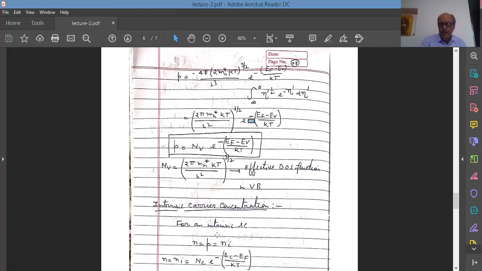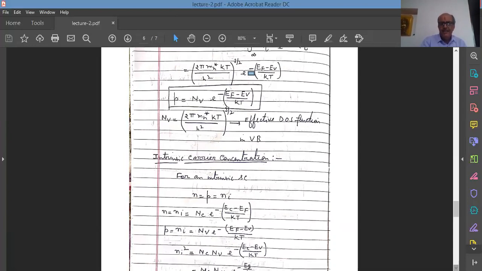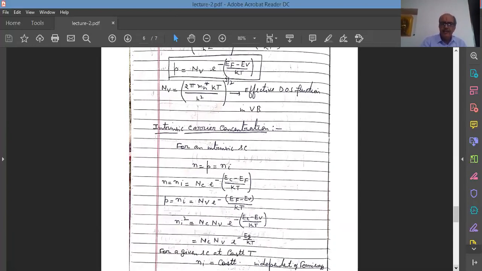Now we come back to the intrinsic semiconductor once again. We have discussed in the last lecture that in intrinsic semiconductor, the number of electrons are equal to the number of holes, because these are thermally generated carriers. These are electron hole pairs. So the number of electrons are equal to the number of holes, and we call them as Ni.